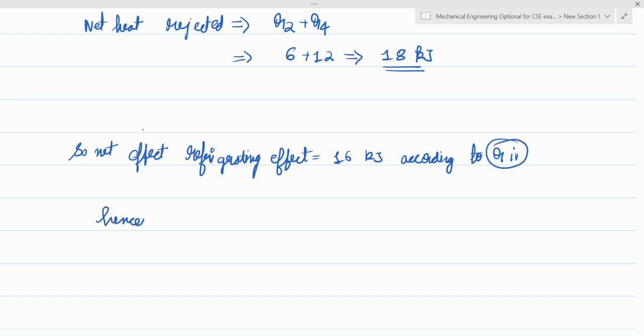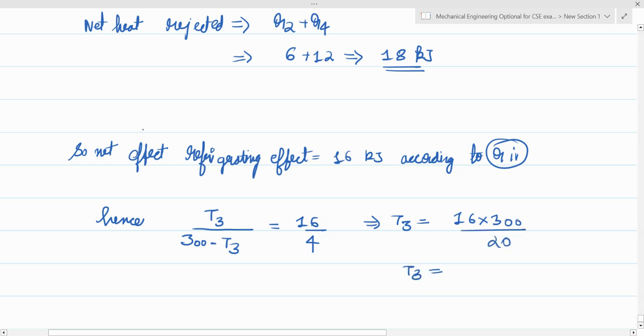Hence this should be equal to T3, that is the temperature of the source from which the heat is taken by the refrigerator, divided by 300 minus T3, is equal to 16 divided by 4. And from this we get T3. This implies T3 is equal to 16 multiplied by 300 divided by 20. So T3 comes out to be 240 Kelvin.